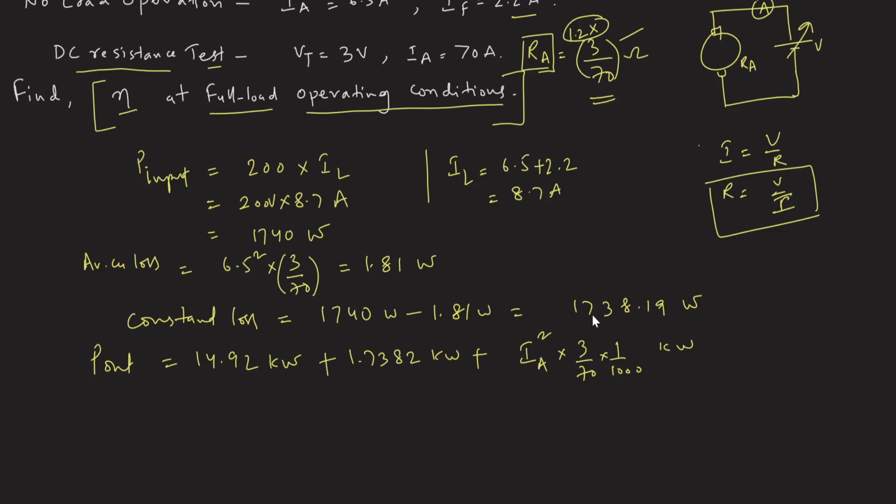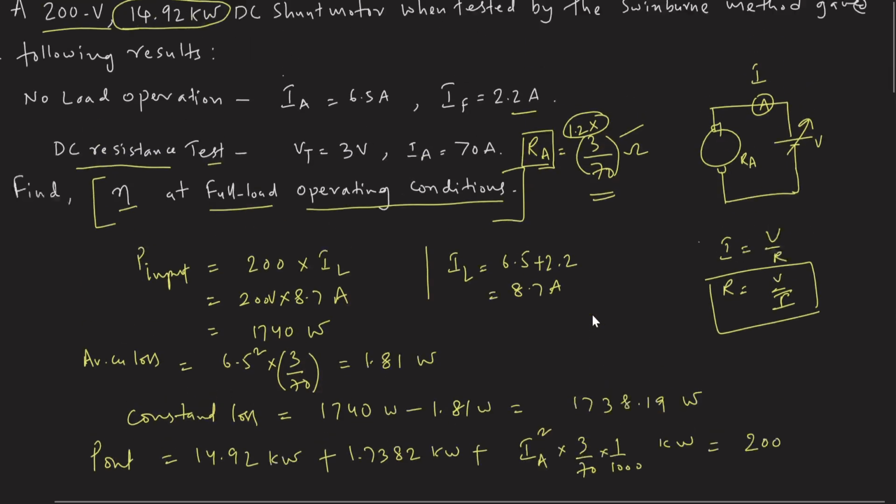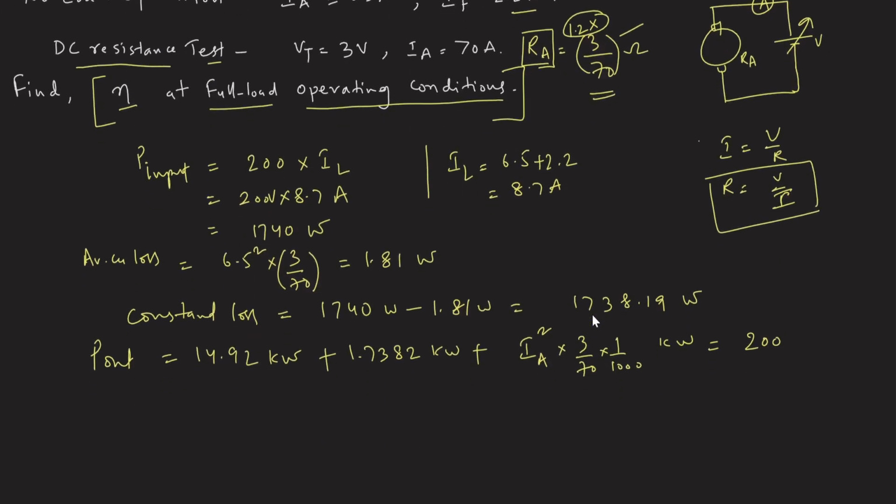Now this is the total power input, and power input can also be found in a similar way, that is 200 volts multiplied by the armature current plus the field current.